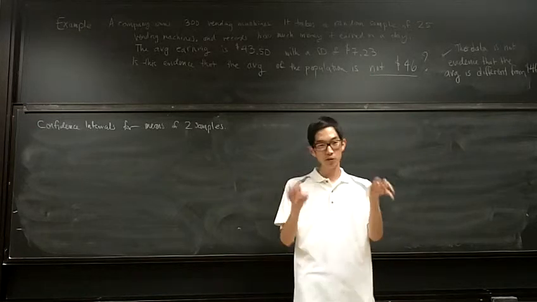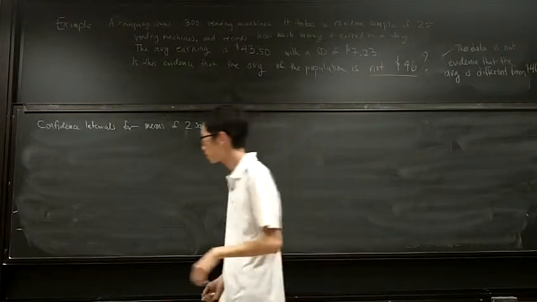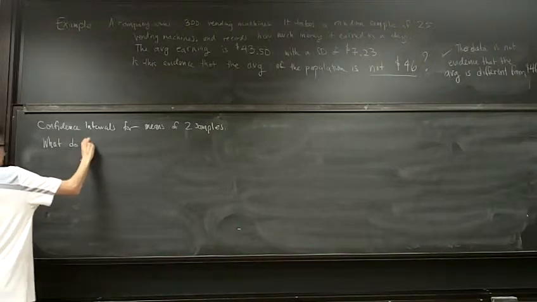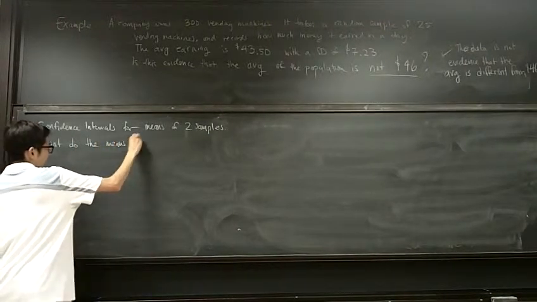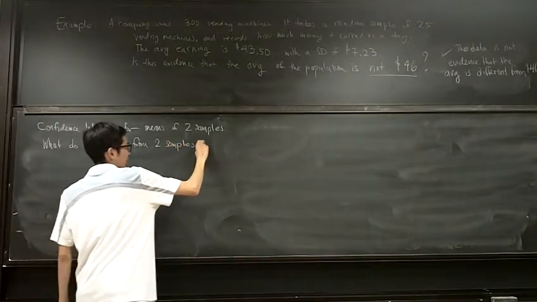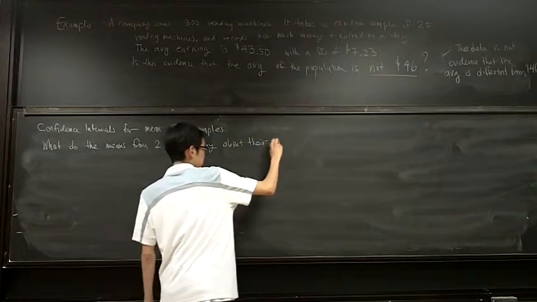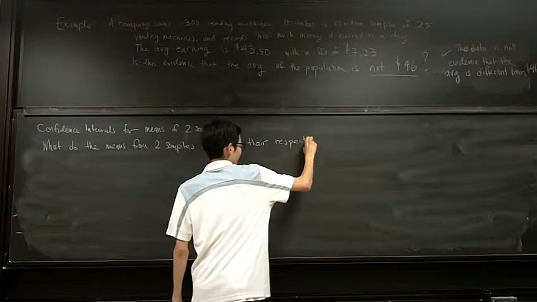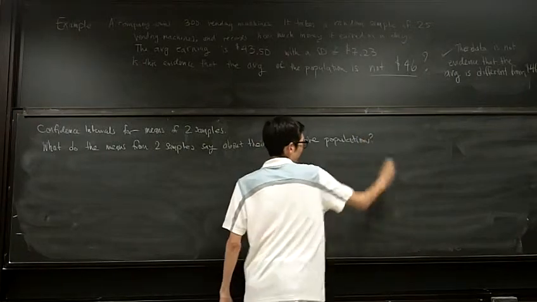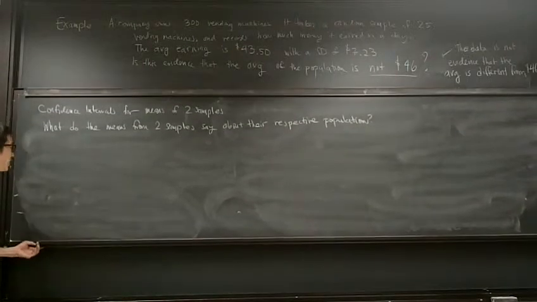Here we're going to look at 2 samples and their means, and ask what does this say about their respective populations?